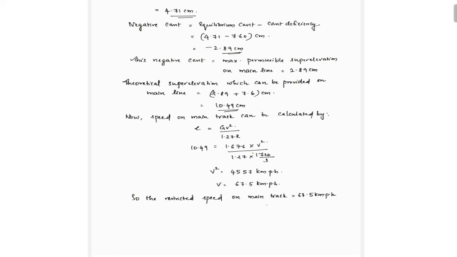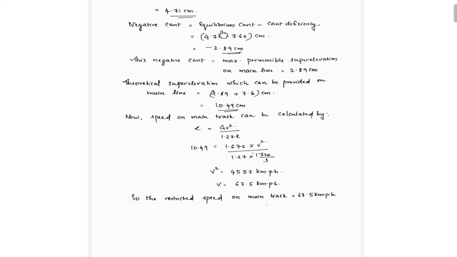So here the theoretical cant value is what? 4.71, because this value has been calculated as per the restricted speed or maximum permissible speed. So the value 4.71 is the theoretical cant over here. When you subtract the value of cant deficiency from this value, you will be getting the elevation to be provided in the branch line.